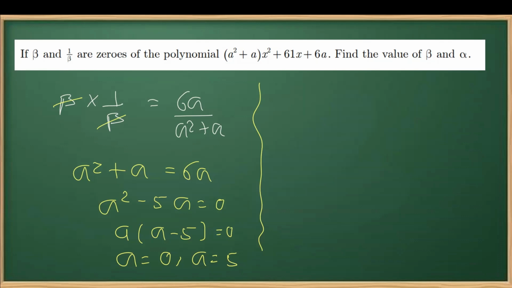So what we are going to do is to write this polynomial again by placing a as 0. Now check, if I replace wherever there is a with 0, what do we get?